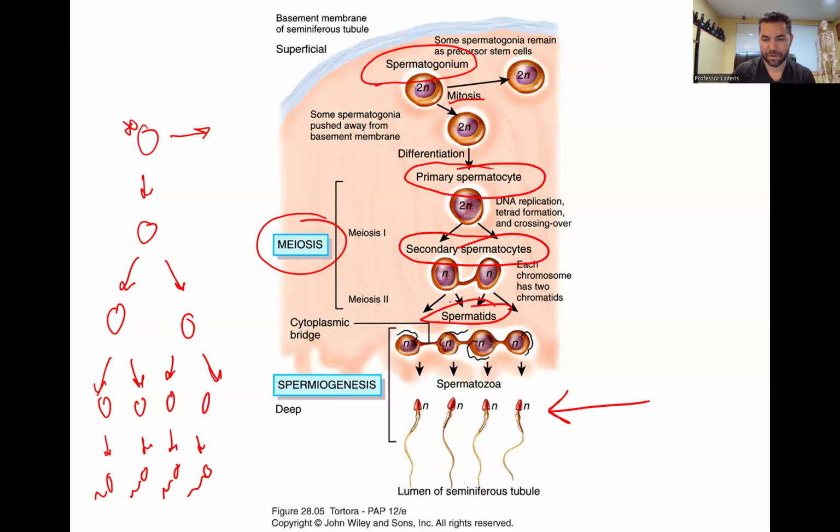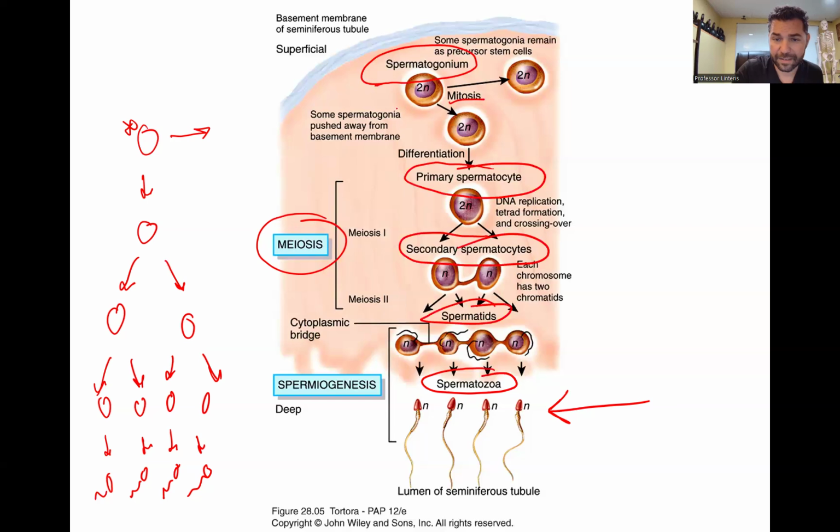Then we get spermatids. And then finally, through a process of spermiogenesis, we make spermatozoa, which you can just call sperm. Their actual name is spermatozoa. That's fine. They get stored and released when necessary.